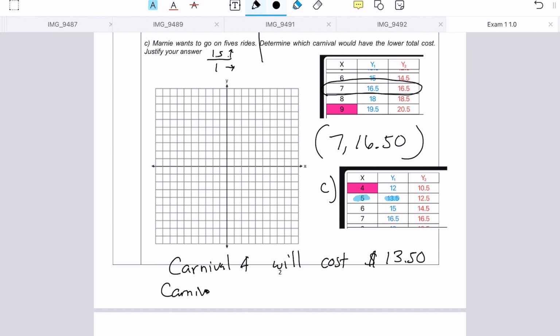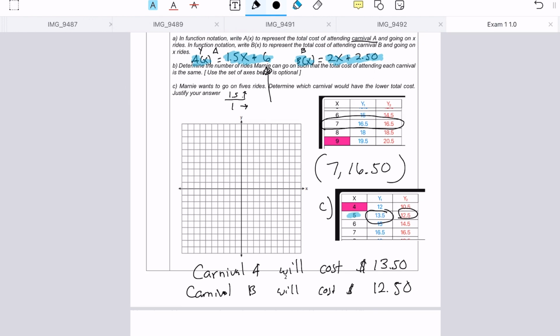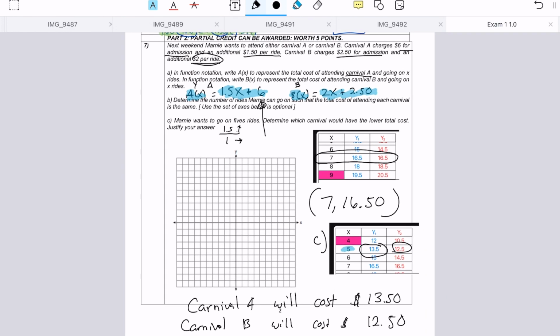Carnival B will cost $12.50. Okay, and that comes straight from the table of values. All right, so I think we answered all parts A, B, and C.